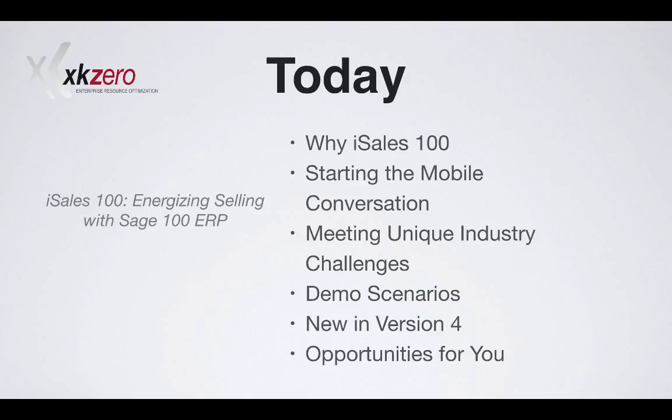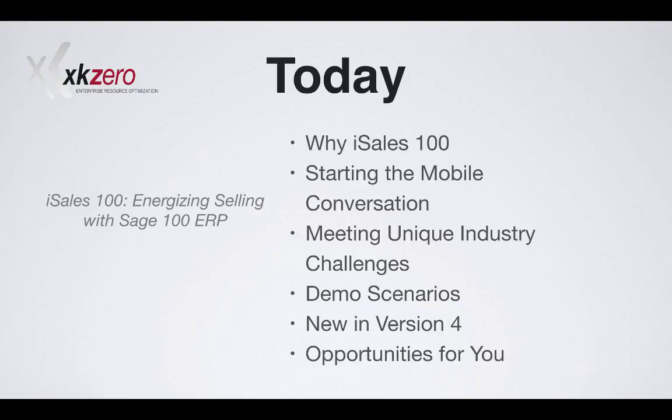So a few highlights for today. We'll look at why iSales 100, some reminders about how to start or get the mobile conversation going with your clients. But then we're going to dive in and take a look at some specific and unique challenges, industry challenges, business process challenges that we've been able to meet with iSales 100. And then we'll take that a little bit further.